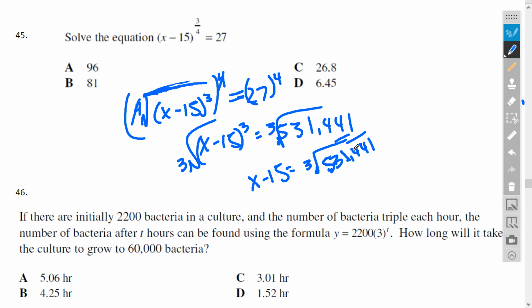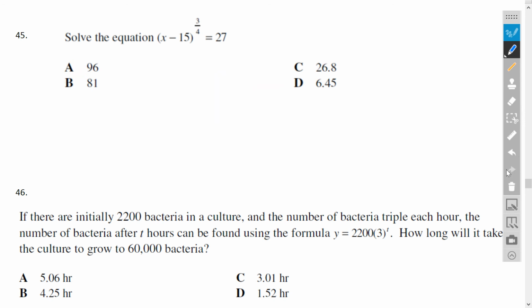Wish I had an actual calculator here. 5, 3, 1, 4, 4, 1. Okay, so the cube root of that is 81. So we end up with x minus 15 is equal to 81. And then we add 15, so x is equal to 96. So A, 96.